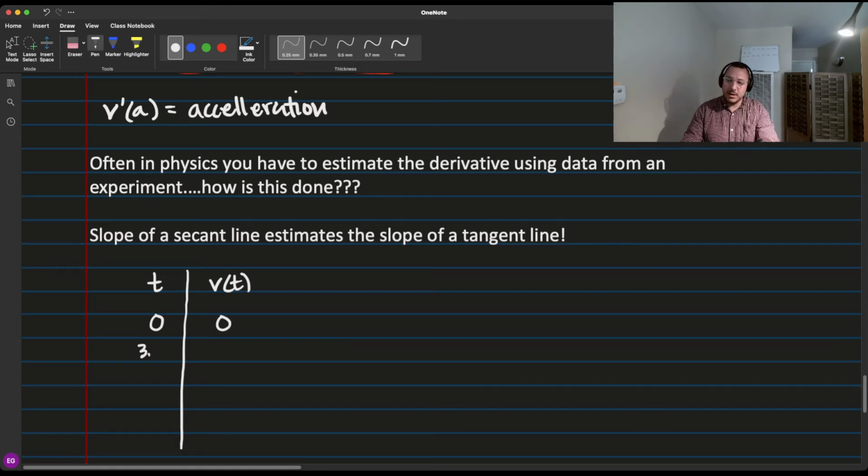At time 3.05, your object was traveling at a velocity of, let's say this is miles per hour, 88 miles per hour. At time 5.88, it was traveling at 147.67 miles per hour. And let's just stop right there.